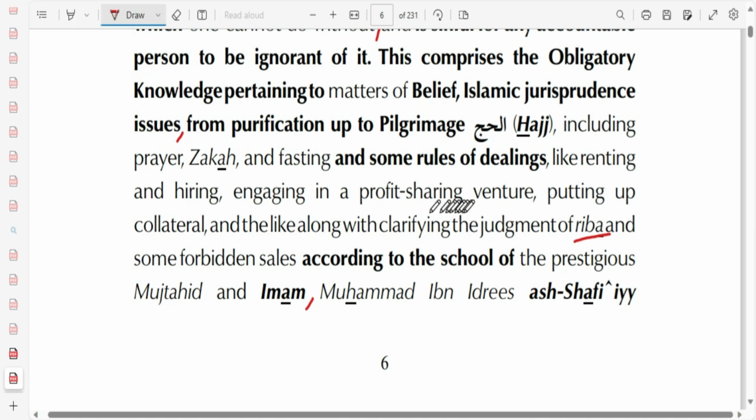So engaging in a profit-sharing venture, putting up collateral, we'll come back to that inshallah, and the like, along with clarifying the judgment of riba, usurious gain. We'll come to it, inshallah. And some forbidden sales that are not riba. Not all forbidden sales are usury. According to the school, the madhab of the prestigious mujtahid and imam Muhammad ibn Idris al-Shafi'i.